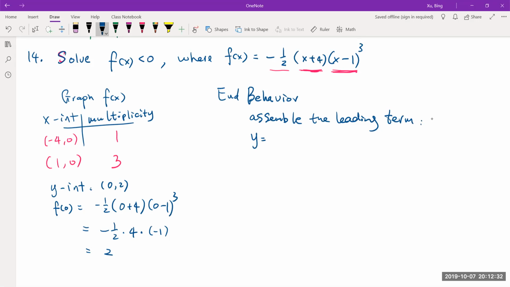The leading term is, first of all, negative 1/2, that's the coefficient. Do you agree the leading term is negative 1/2 x cubed? That's the leading term. If you distribute everything, the leading term, sorry about that, the term with the highest degree will be negative 1/2 x to the fourth.